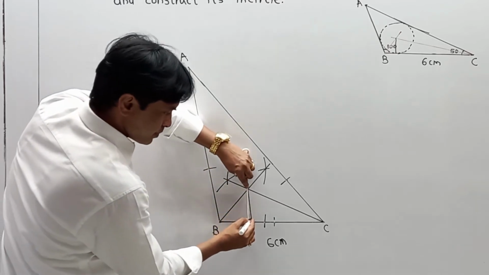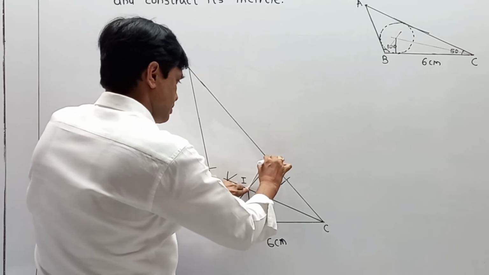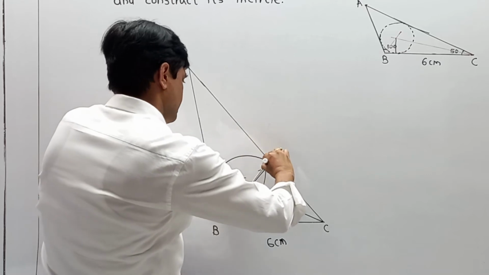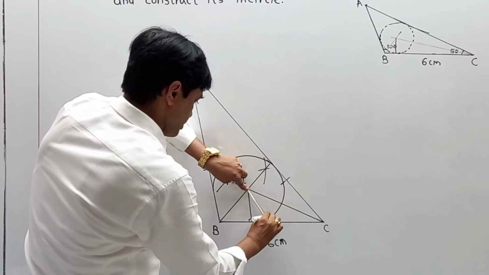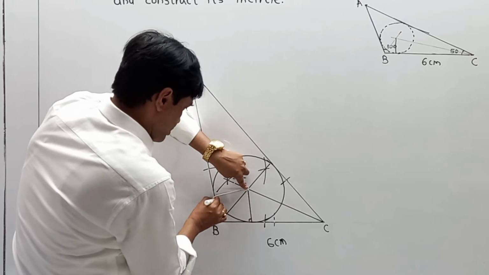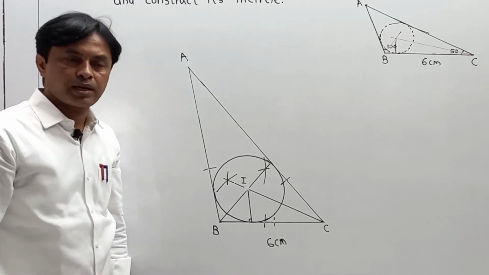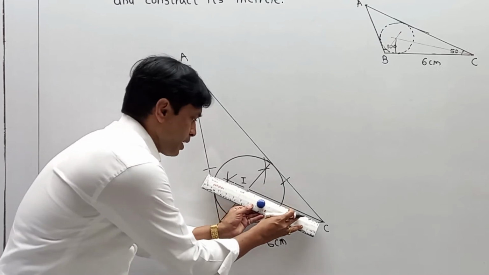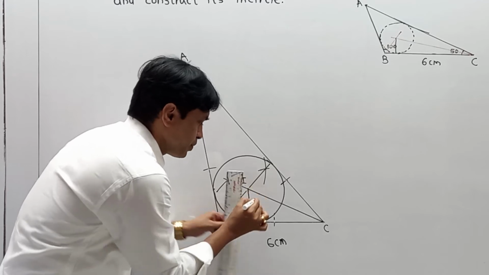And in this way we are able to draw the incircle with center I. As I am using markers, some parts get erased because of the work.